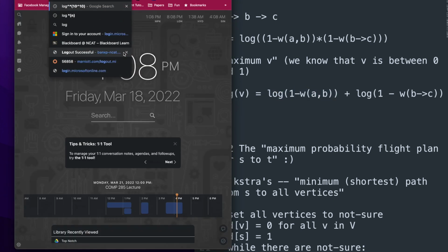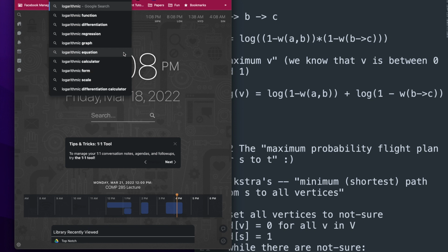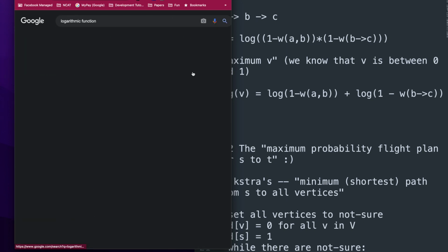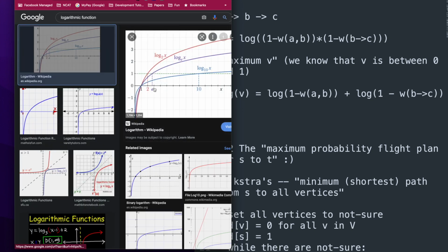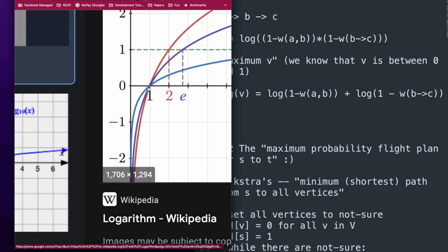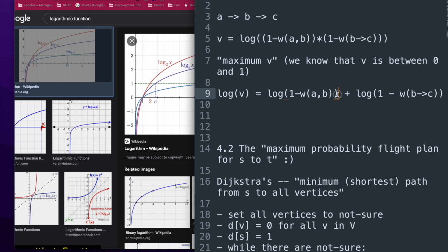If you go to the logarithm function, let's say log 2 of x, you notice that when the values are between 0 and 1, the logarithm is negative, and it gets negative pretty fast. So these numbers are negative for our graph.